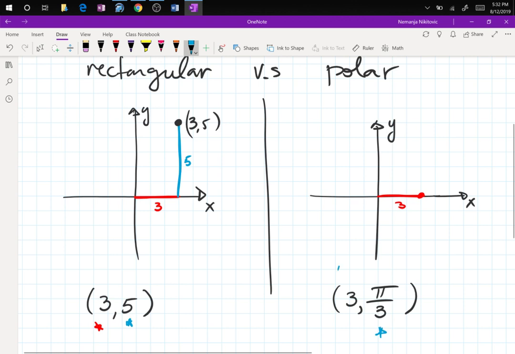So we'll have something like this. Now what you do is you take the red and you swing that like this to hit the blue line, and there is your point 3, pi over 3. That's it. You draw the radius and then you swing the angle.